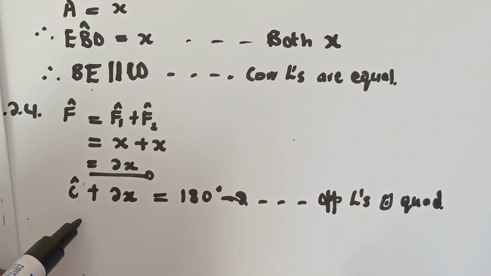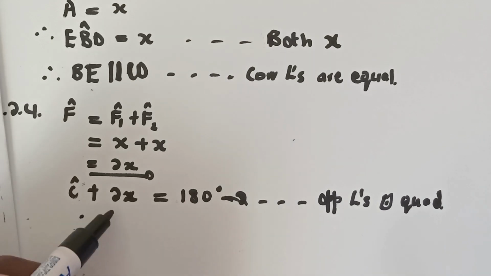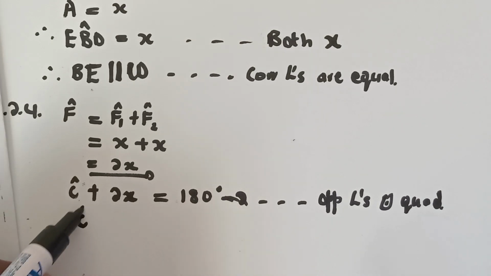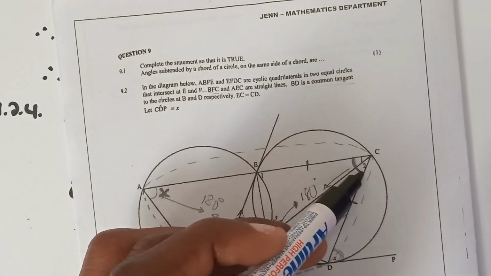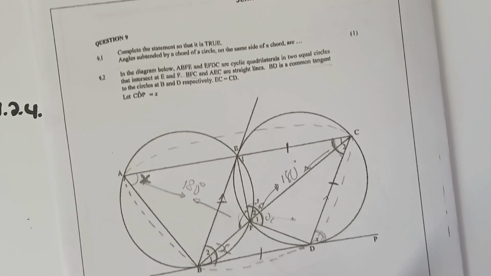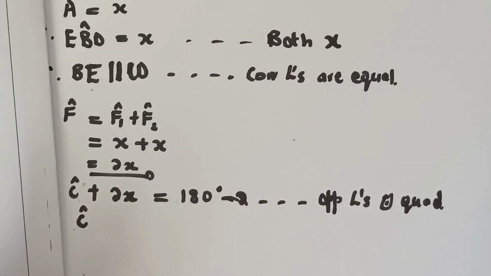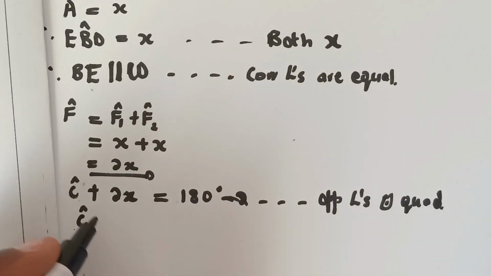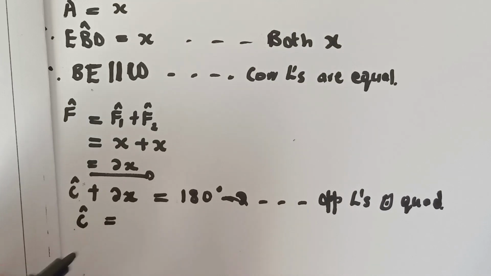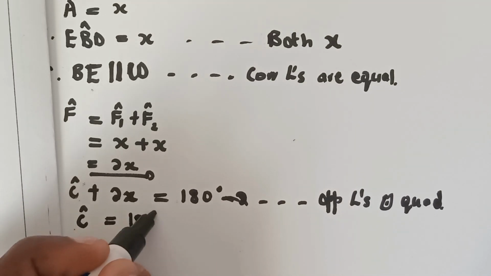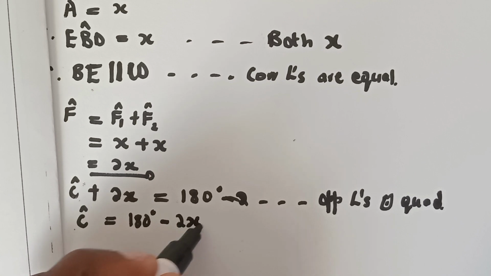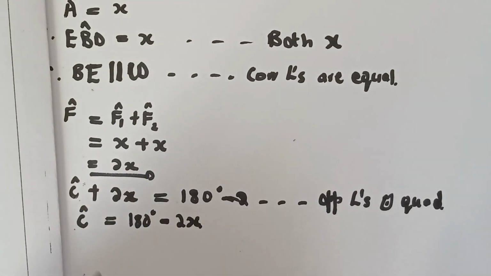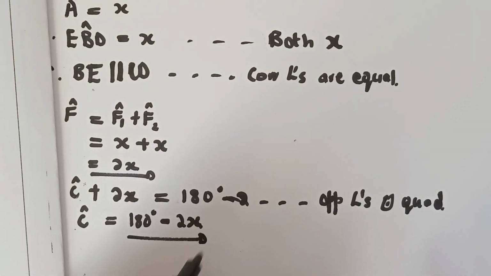Now we can transpose 2x, and we are left with angle C, the angle that we want. Let's try to find angle C. We say that angle C is equal to 180 degrees minus 2x. So now we got angle C as 180 minus 2x.